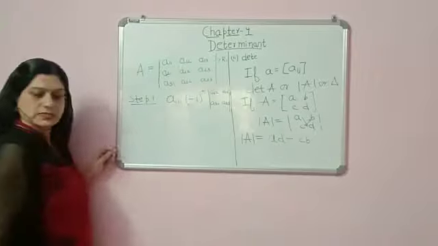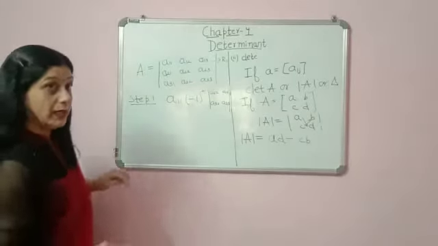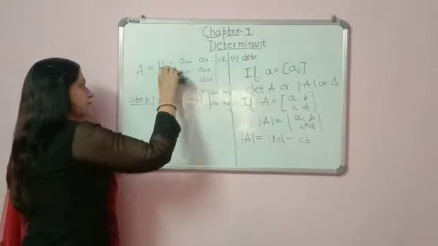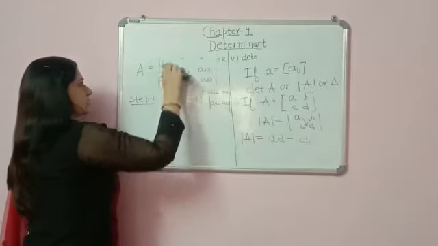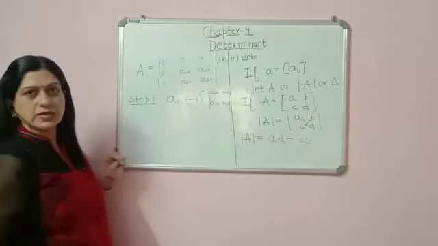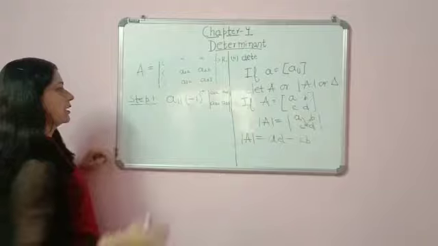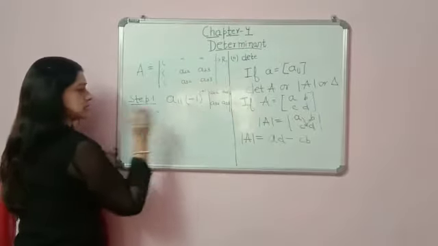This submatrix is obtained by deleting the ith row and jth column, so only this is left. Now find its value, whatever it is.